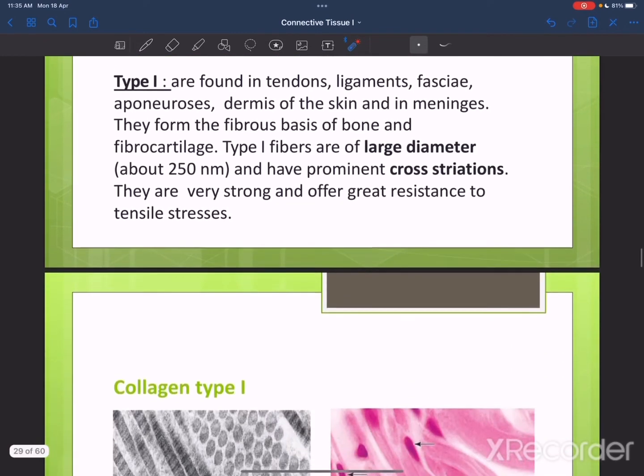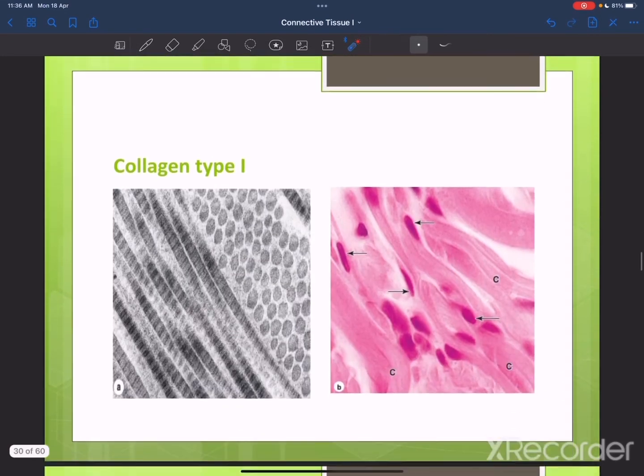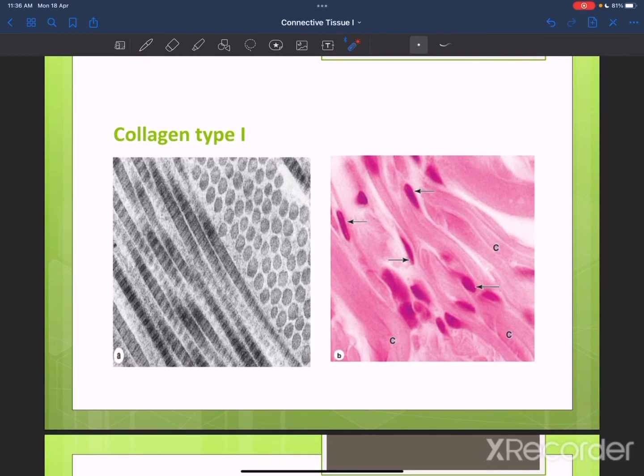Let me show you a slide for type 1 collagen here on the right side. This thick bundle is type 1 collagen. These are the nuclei of the fibroblasts.